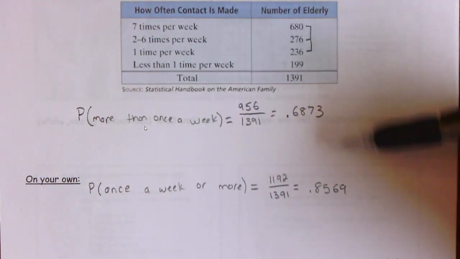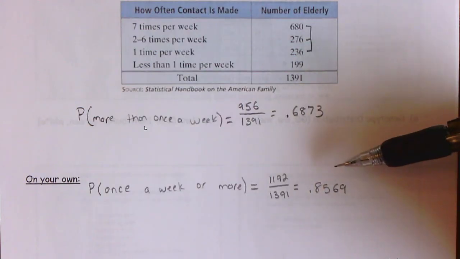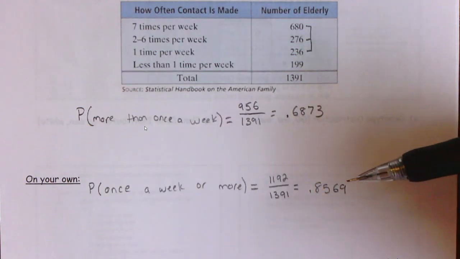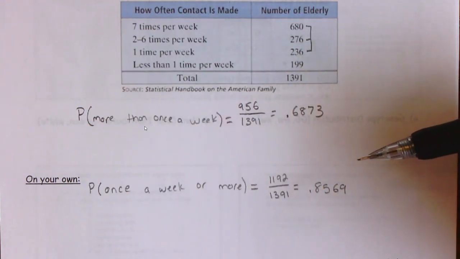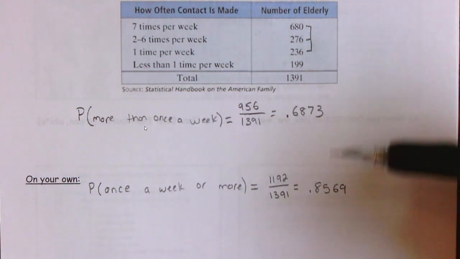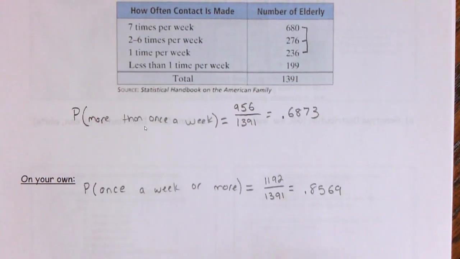Okay, so notice probabilities are always between 0 and 1, so probability is the decimal part. Percents are different than probabilities. Those are, if we just multiply this by 100, so 85% would be this one, but the probability is 0.8569.